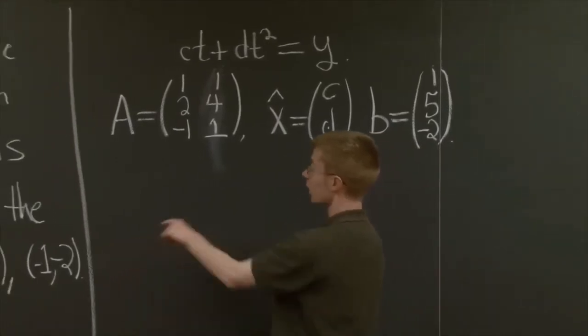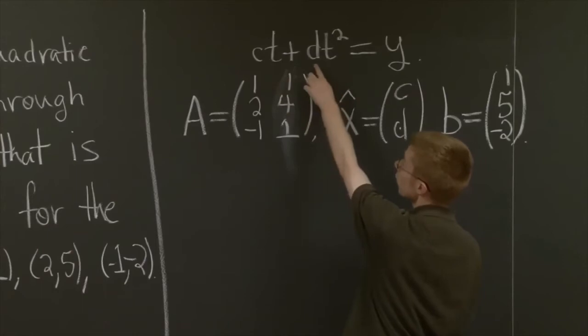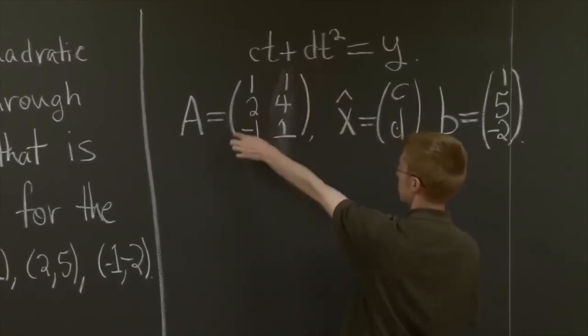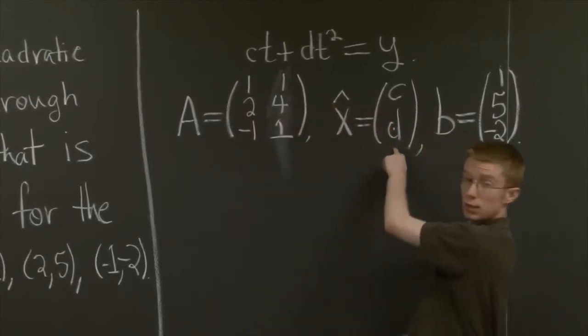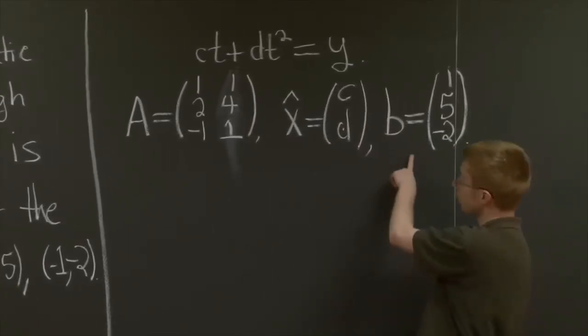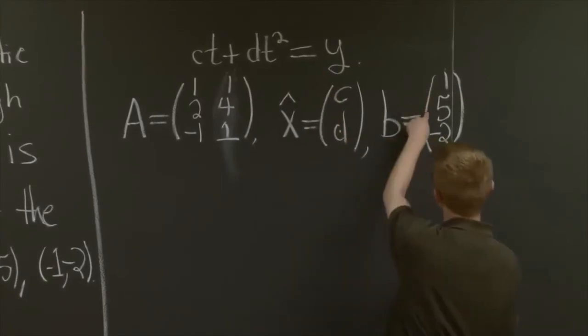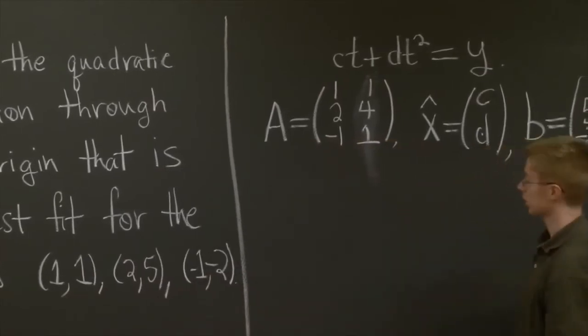Similarly, if I took the second point and plugged it in here, I would just get 2 times c plus 4 times d, which is just the same as the second coordinate in the multiplication A times x hat. Okay, and where did the b come from? Well, the b came from plugging in these points to the right-hand side. So 1, 5, and negative 2 are just the y coordinates of these 3 points.